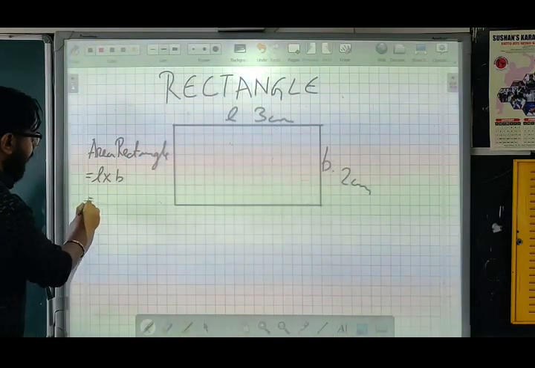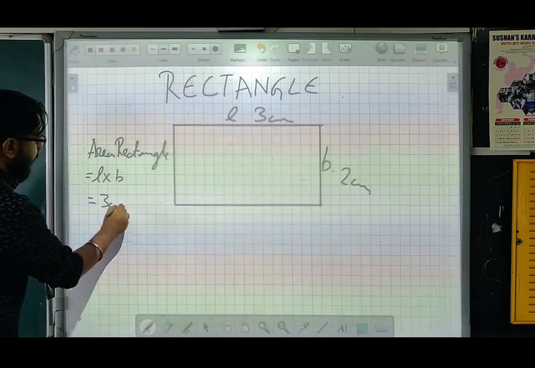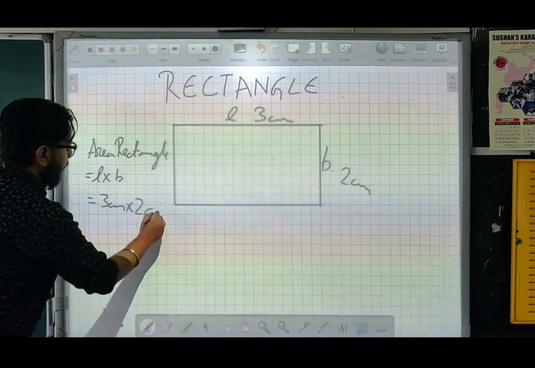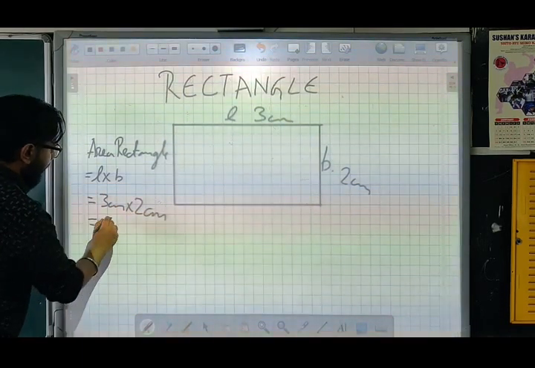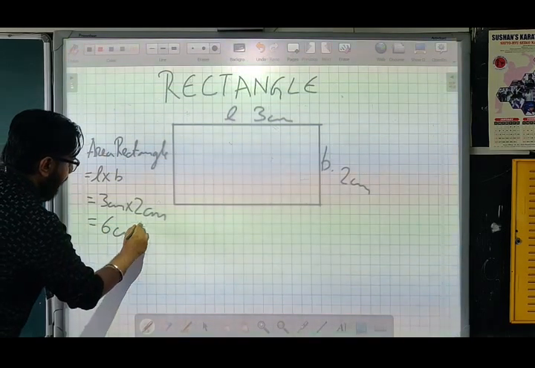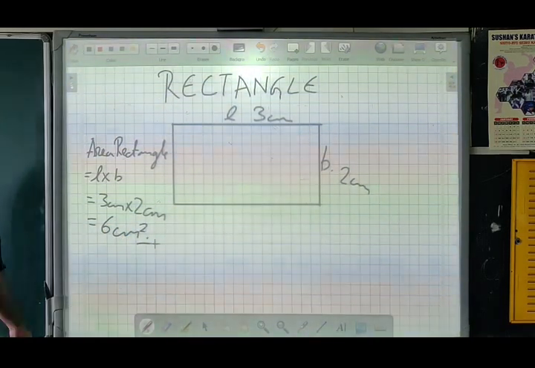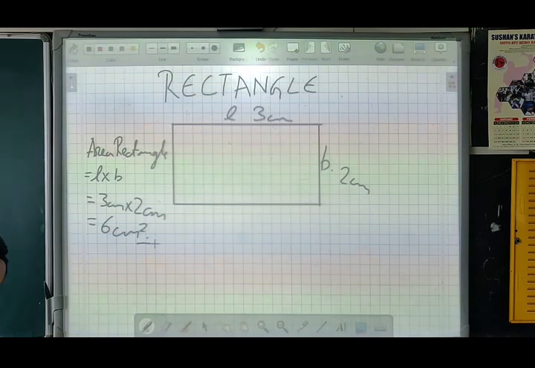We take 3 centimeter into 2 centimeter, which becomes 6 centimeter square, and that is how you find the area of the rectangle.